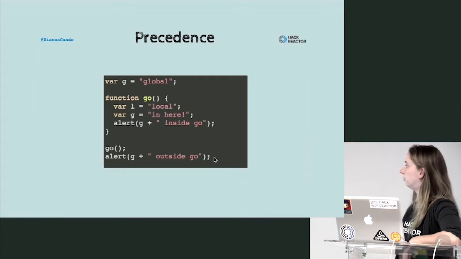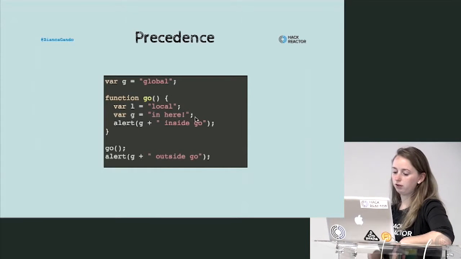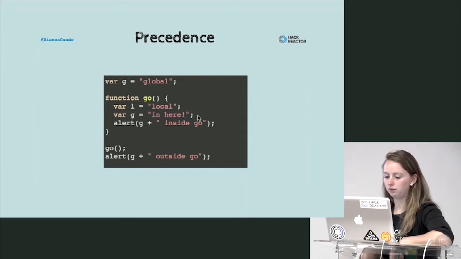So this is just an example of how the code is running to help you understand that whatever variable is in the most local scope wins precedence, and that's the value that's going to be printed out. So since G here is the most local to that scope, G is going to overwrite any memory of any other variables if there were any, and it would alert here. And then the most local to this global is going to be the global G.